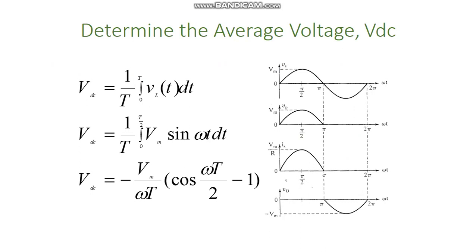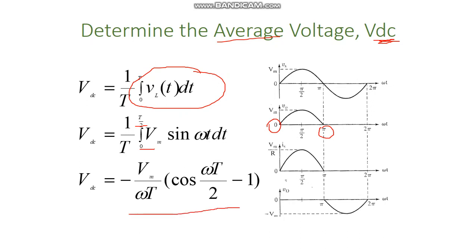The average value, we know, can be calculated by integrating the quantity over its time period. The average DC output voltage is only available from 0 to pi, that is, the half cycle. When integrated over its half time period, the value that we obtain is something like this.